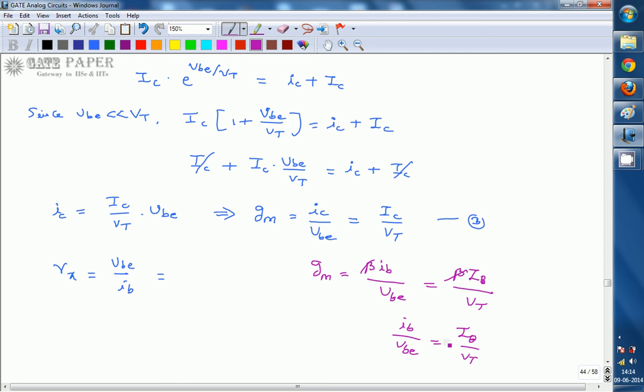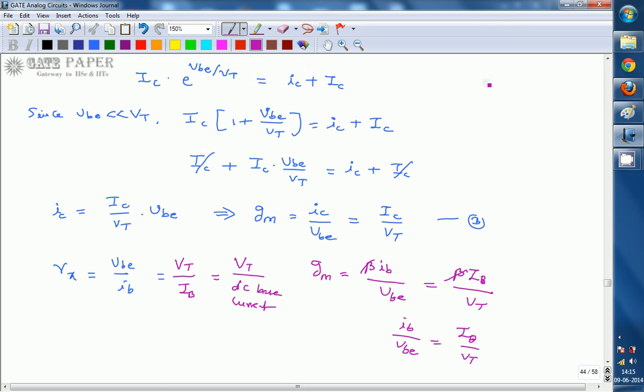What we require is vbe by ib, but what we got is ib by vbe. Make the reverse, so that it equals VT by capital IB, where capital IB is the DC base current. What was given is AC plus DC.